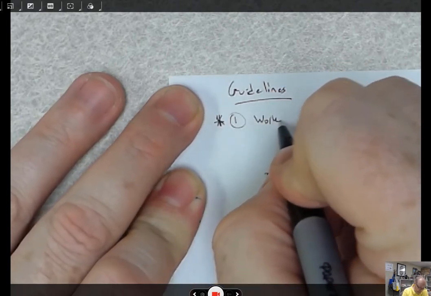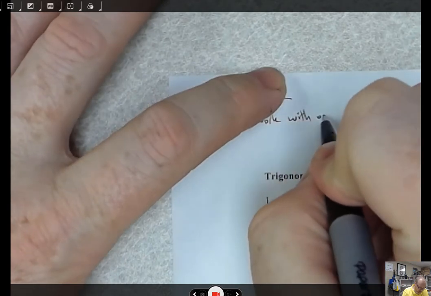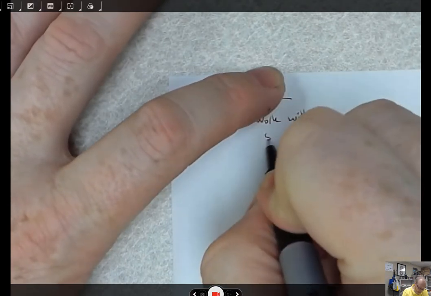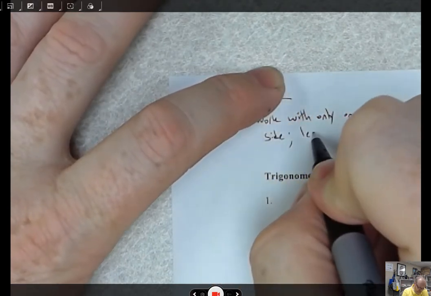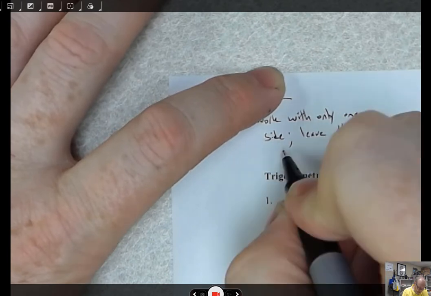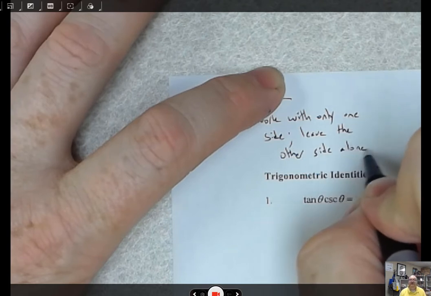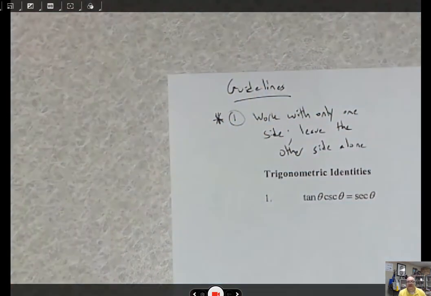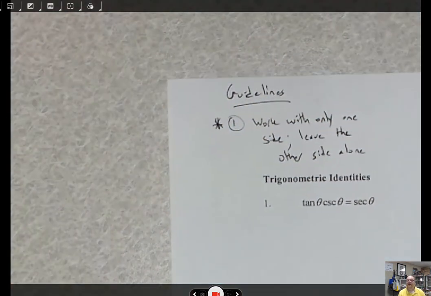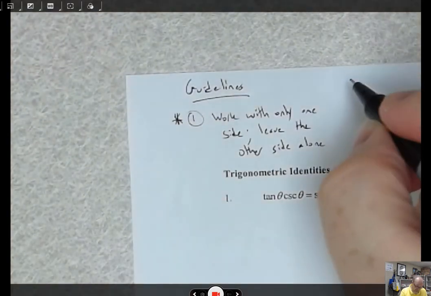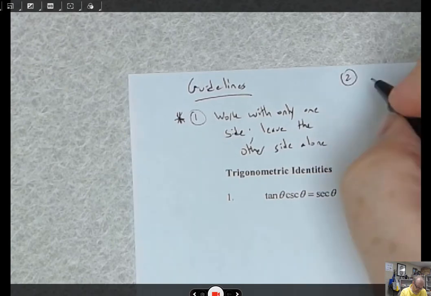We want to work with only one side, which means I want you to leave the other side alone. Once you decide which side you're going to start manipulating and making substitutions for, great, then don't touch the other side at all. Well, how do I decide which side I'm going to work with?